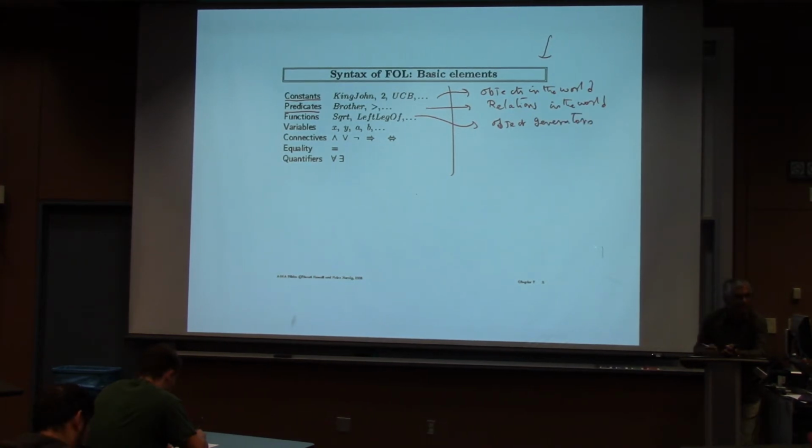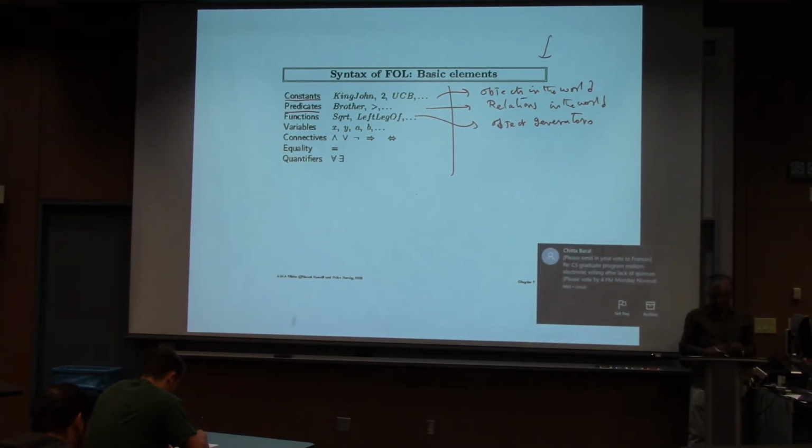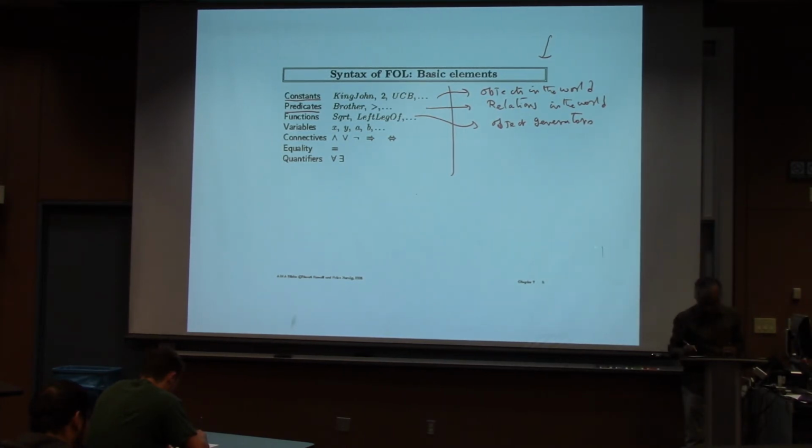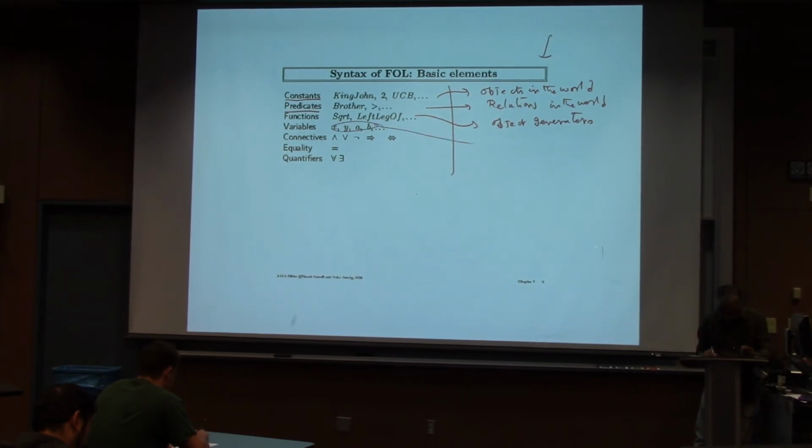So a function takes a set of terms as input and gives out a term. Okay, so functions are ways of essentially generating more references, more addresses to objects. Then there are variables.